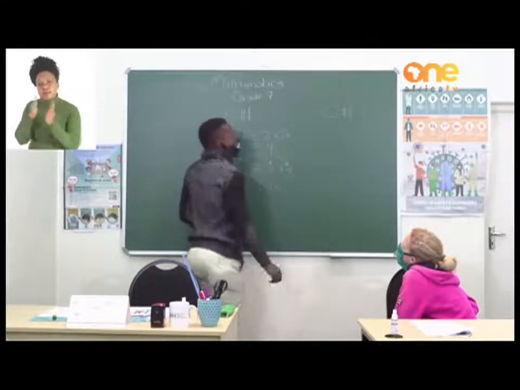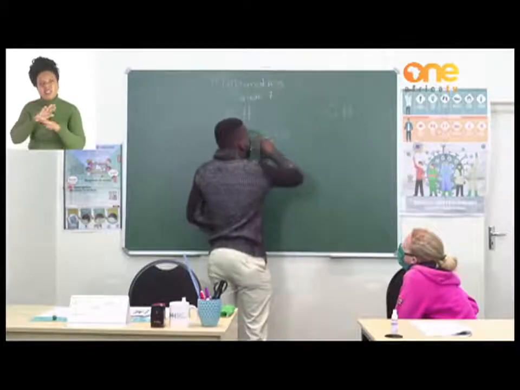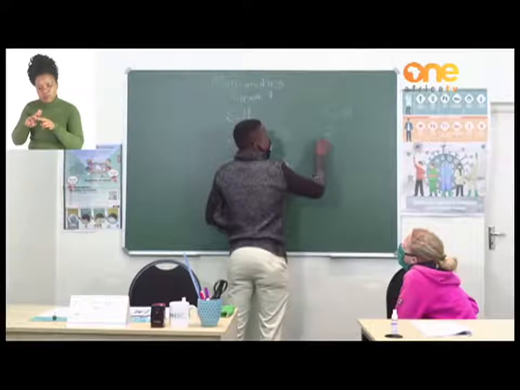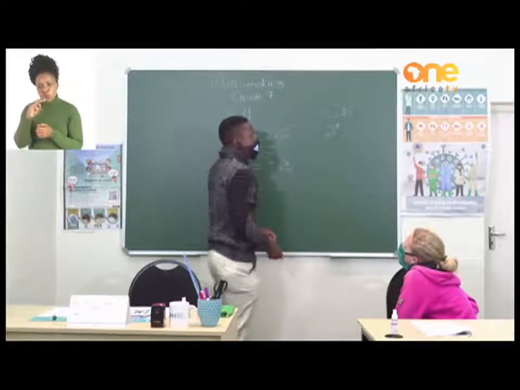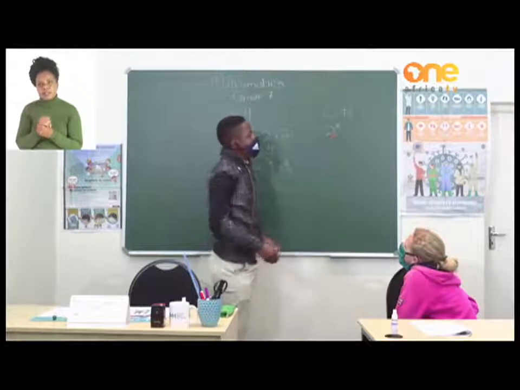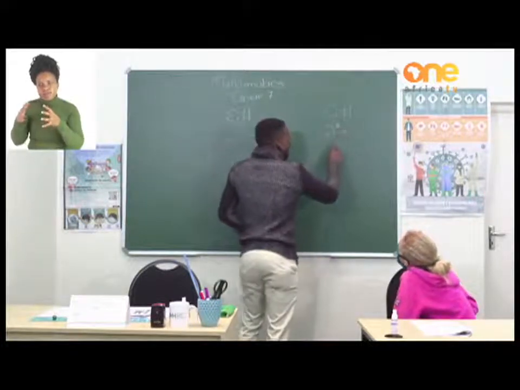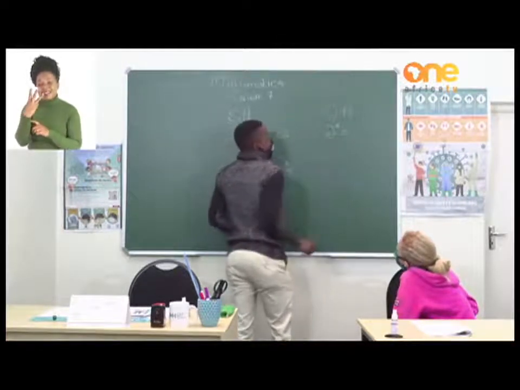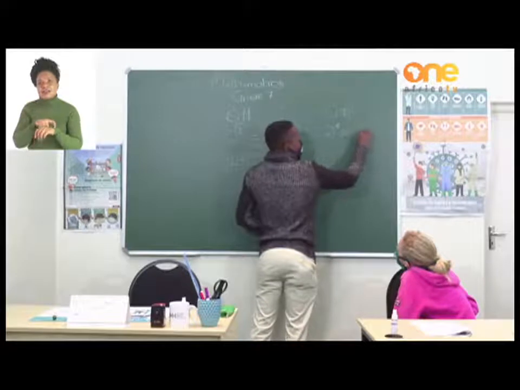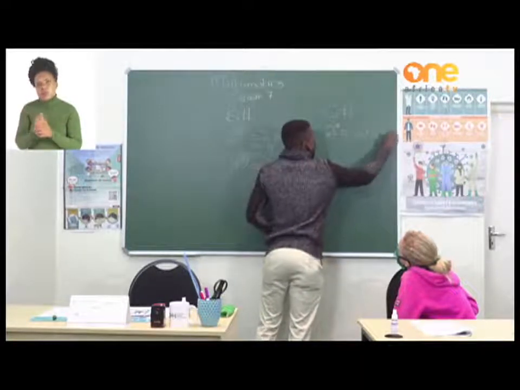Cube numbers. We can also give an example of a cube number, maybe we can say 2 to the power 3, or 2 cube. In that way, we are multiplying this number by itself and again by itself. So we have 2 times 2 times 2.